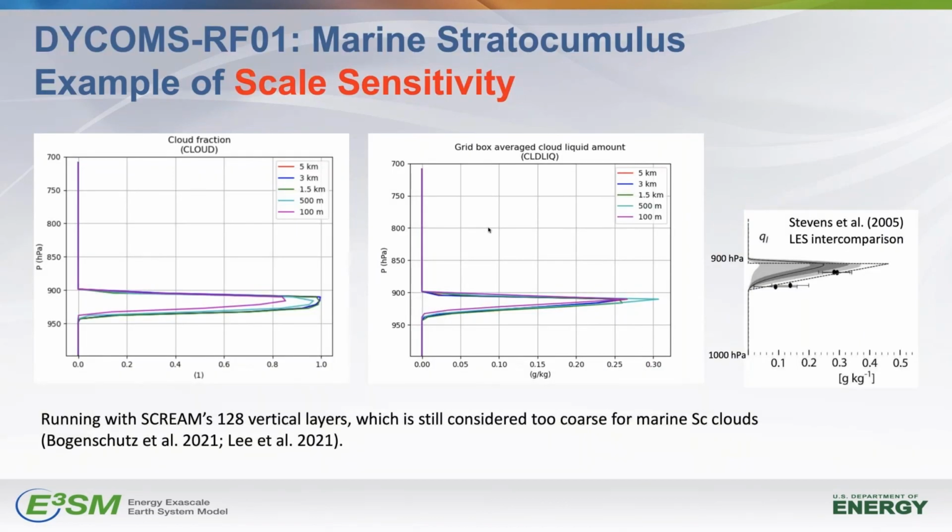First, we look at the horizontally averaged profiles of cloud fraction on the left and cloud liquid water on the right, to get an example of the scale sensitivity of the model, or how our solution changes as the resolution changes. On the right, we have the spread of the LES intercomparison with the observations depicted by the circular points. We see that overall, for the suite of DP Scream simulations ranging from 5 kilometers to 100 meters, the simulation of cloud liquid water is fairly robust and generally in agreement with the observations.